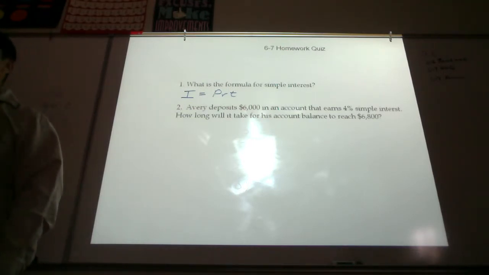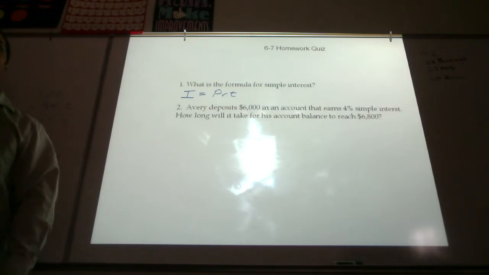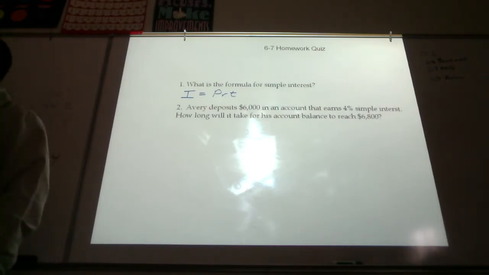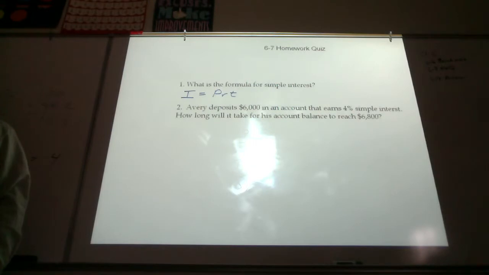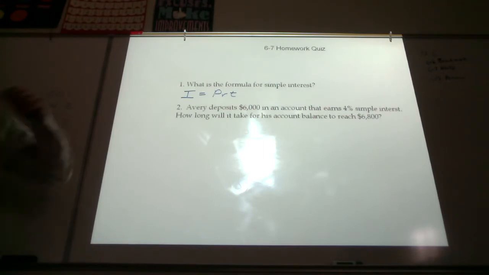That money belongs to Avery. The bank is now going to use that $6,000 to loan out to other people. So the bank will say, in return, we will pay you an interest rate. And then when you want to take out the money, in some situations, depending on what you do, we will pay you for us using your money.